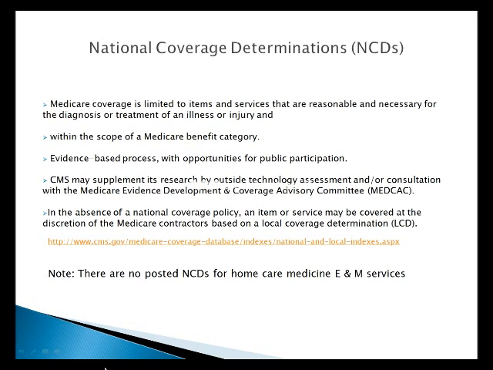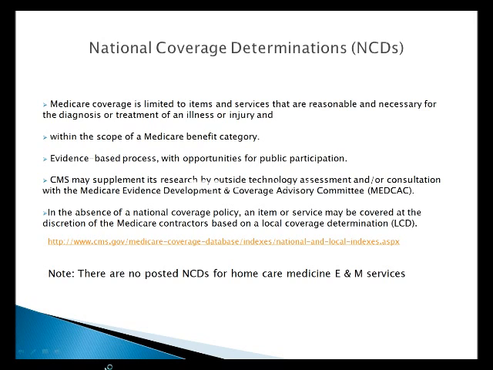To further define medical necessity, Medicare by statute has the opportunity to provide what's called national coverage determinations, beyond the items that are reasonable and necessary for the diagnosis or treatment of an illness or injury, and that are provided within the scope of a defined and expressed Medicare benefit category. This slide describes that framework of an evidence-based process with opportunities for public participation, and then CMS may supplement its research by outside consultation.